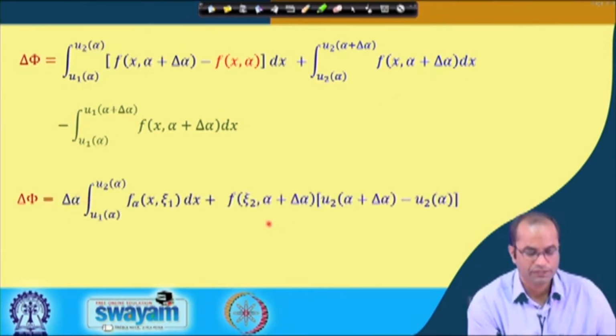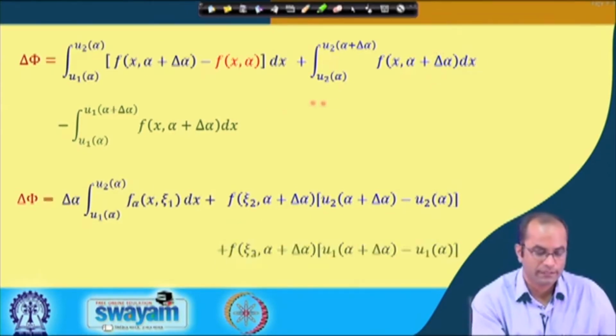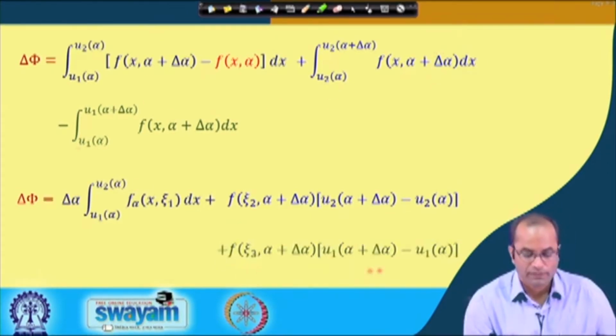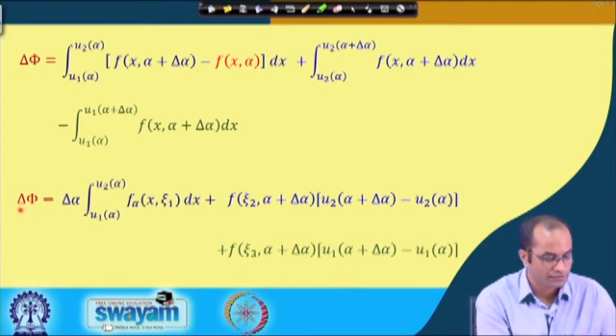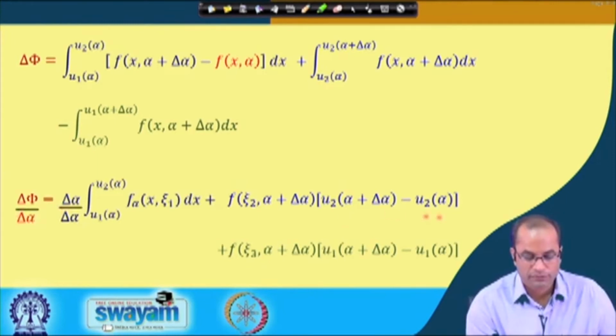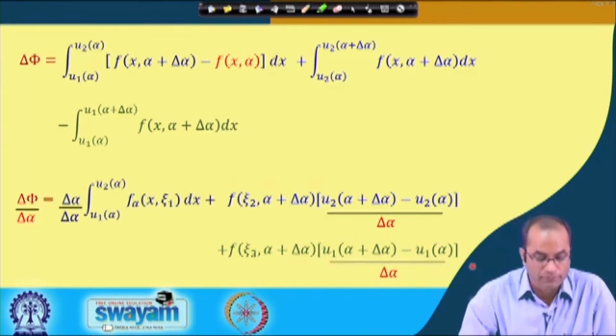From the second term we have applied the mean value theorem from integral calculus, and here as well. So, now we have new terms here, and we will divide each of these terms by delta alpha.